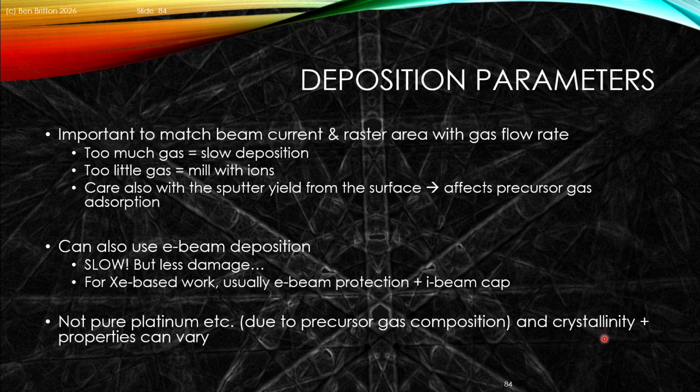That crystallinity can create issues if you're subsequently going to polish through that layer, because you can get things like curtaining induced from the grain structure inside the platinum-rich coating. The properties can also vary, which can be important with regards to, say, the electrical resistivity if you're building a calibrated electrical circuit for anything you want to do in the system.